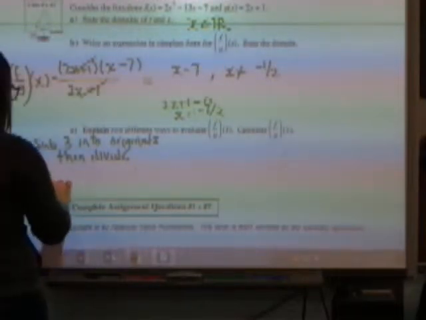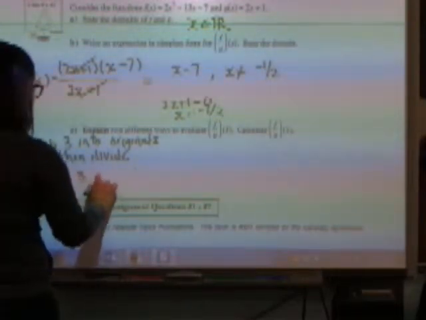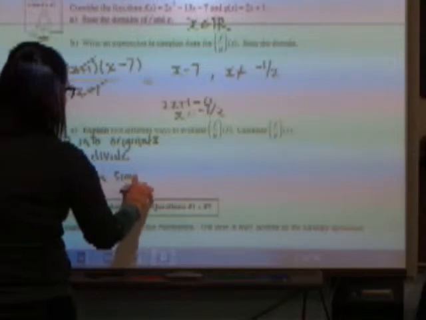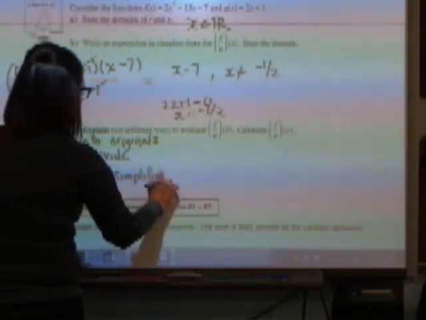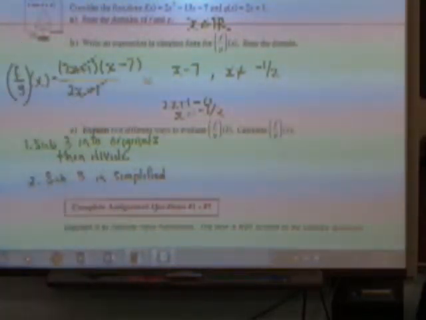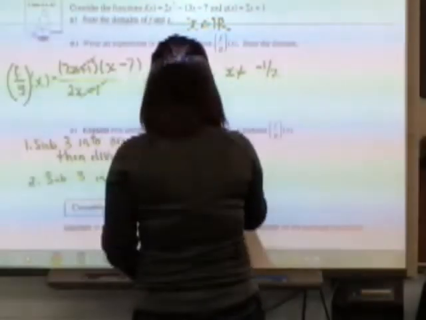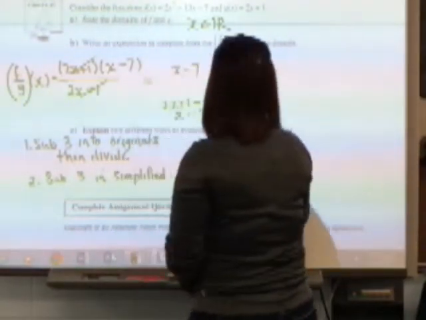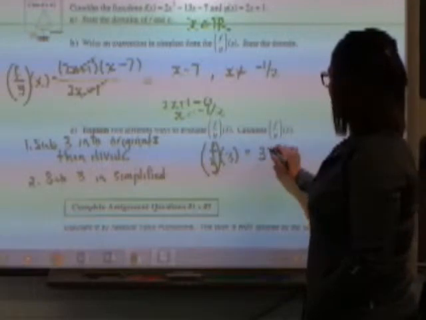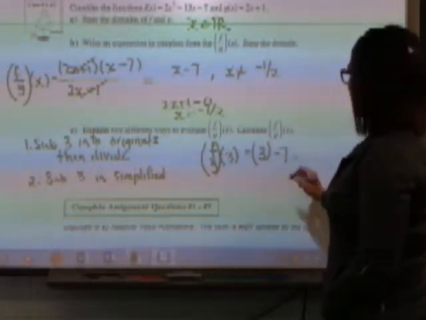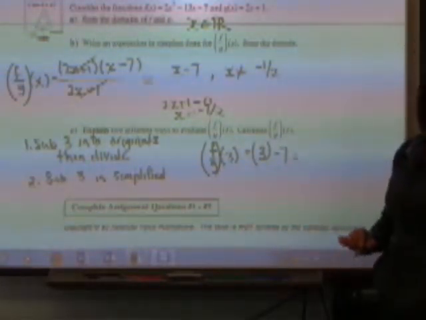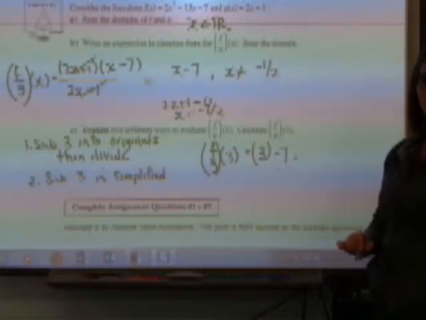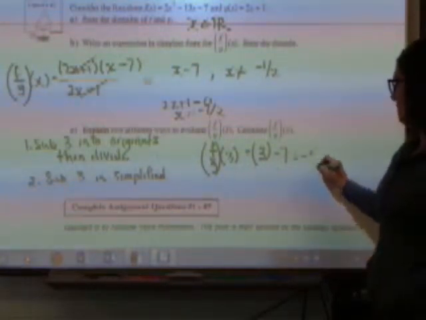Yeah, so substitute 3 in the simplified function. So which one do you want to do? In the simplified? So f divided by g of 3 will equal 3 minus 7, which equals negative 4.